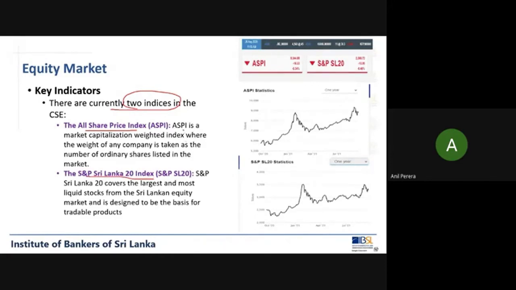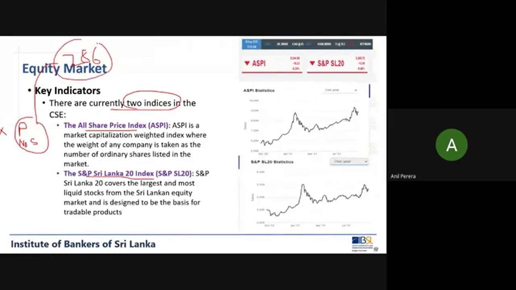It's a market capitalization weighted index where the weight of any company is taken as the number of ordinary shares listed in the market. So in this All Share Price Index, we consider the share price of a particular company, let's say company X, their share price and their number of shares, across 286 companies, right?